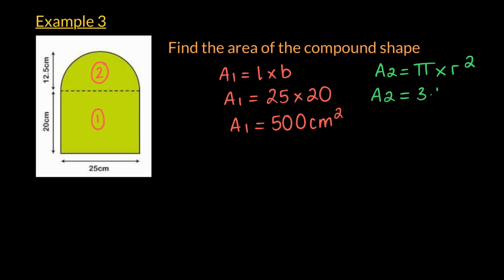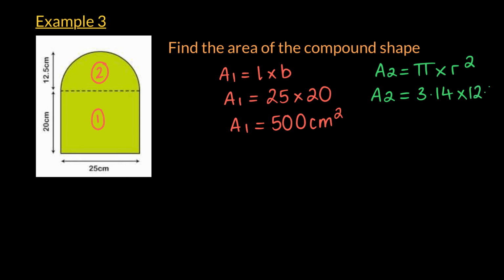So 3.14 times, and our radius in this question goes from here up to the edge, and that's 12.5 centimetres, you'll see that that's also the same as half of this length here, which is 25, because this length along the bottom and this length here are the same.